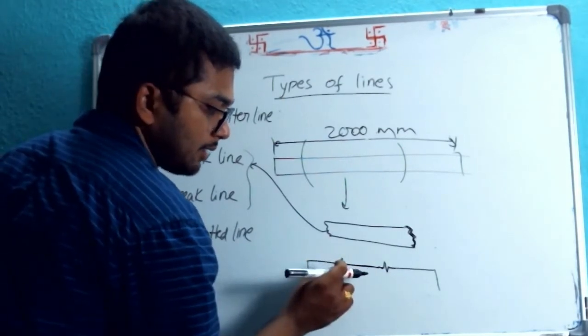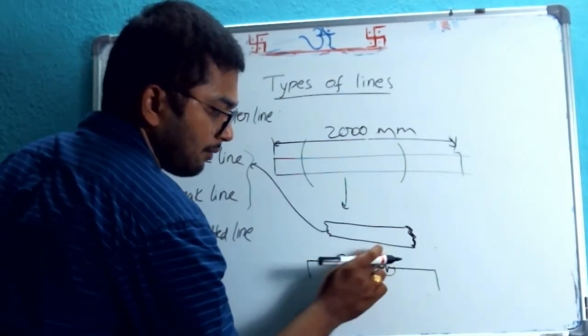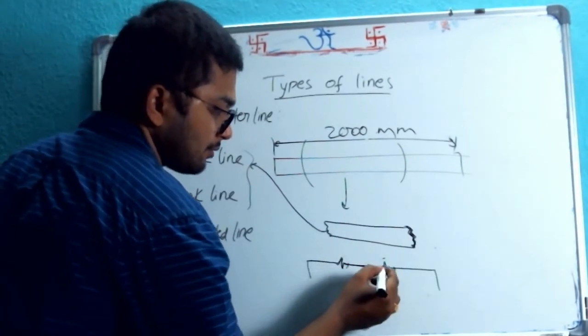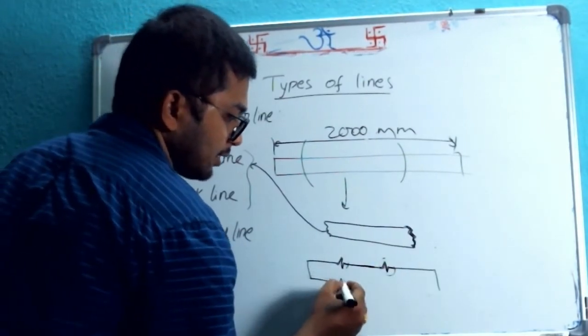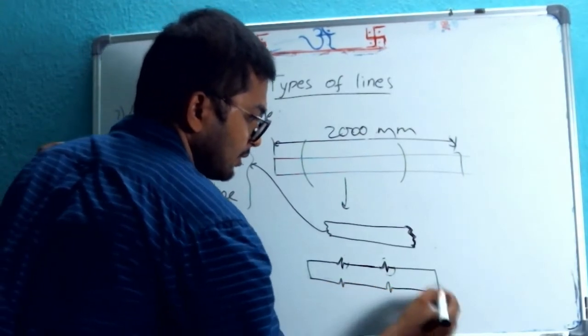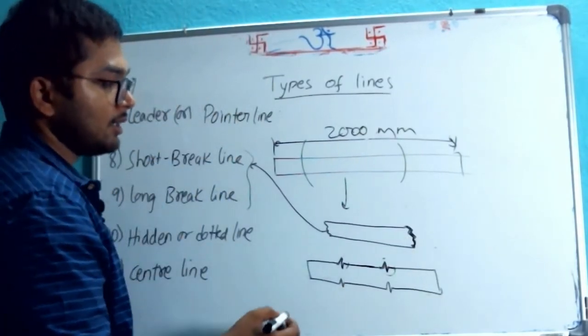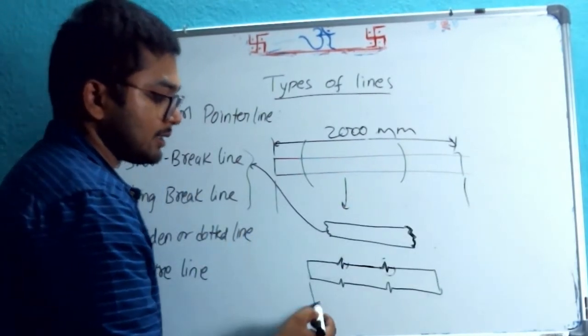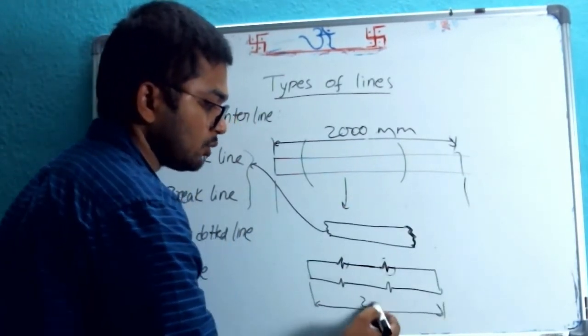So it will be a straight line, but intermittently here and here we have waves, wavy structure with a peak and a trough. Bottom also we can do the same. That means this total thing is actually 2000 mm. We can write the same here also. Total is 2000 mm.